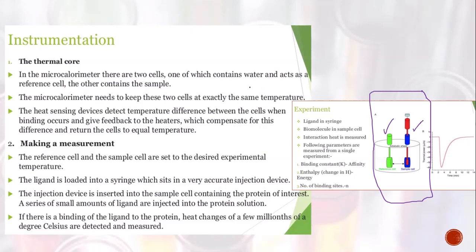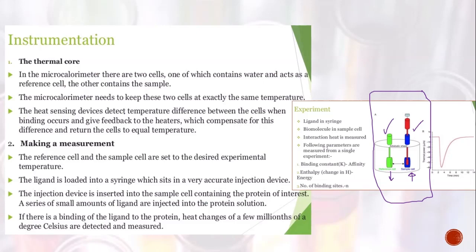One of them contains water, which acts as the reference cell. So the green one has water acting as the reference cell, and the other one contains your sample of interest. These two need to be at the same temperature, at constant temperature, so that when there is any change, there can be a quantitative measurement of that.